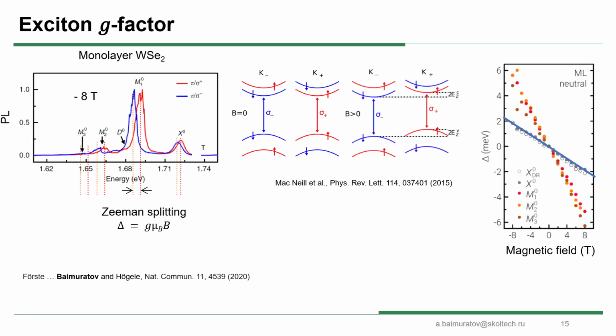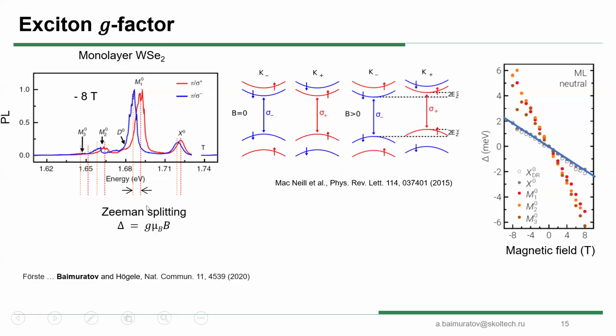Good. The second part of this category is that we can also apply a magnetic field and measure Zeeman splitting. G is just a dimensionless measure of how your two excitons in K plus and K minus split.